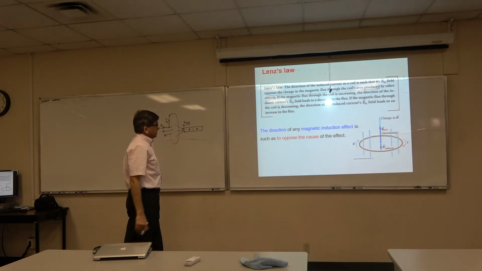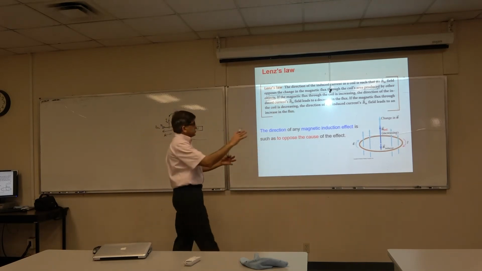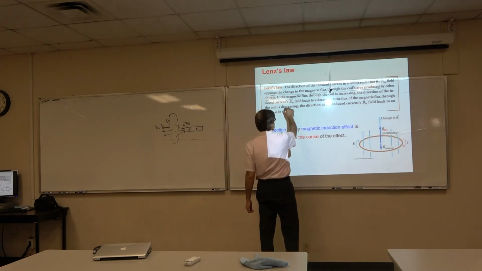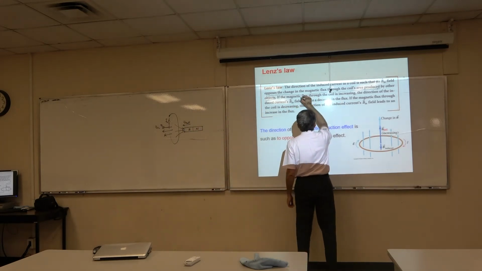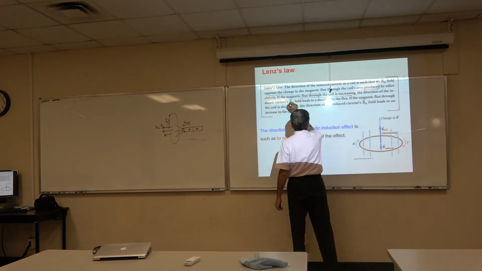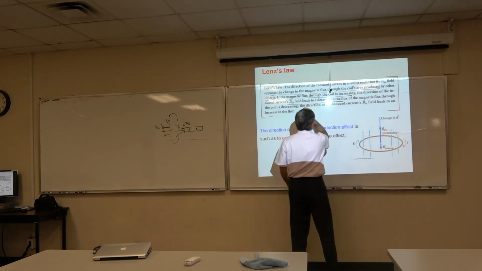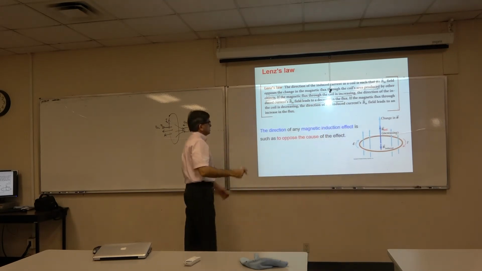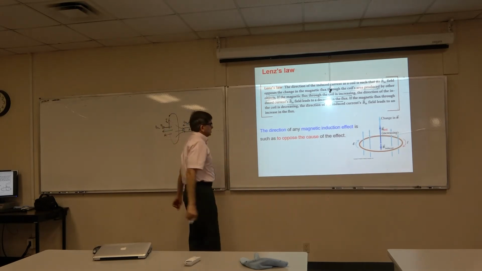Now, if the magnetic flux through the coil is increasing, the direction of the induced magnetic field is such that it will try to decrease the flux.